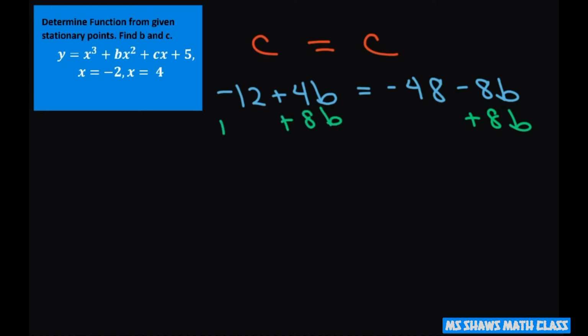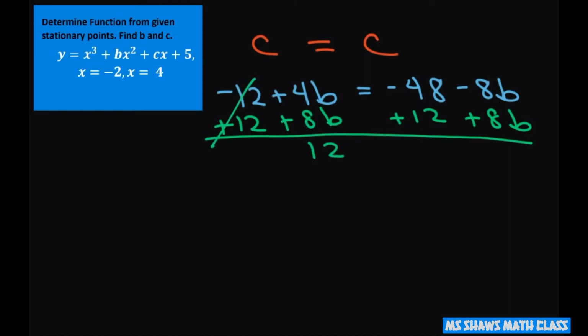And I'm going to add 12 to both sides of the equation. All right, and that's going to give you 12b, these two cancel, equals -36. So if you divide both sides by 12, you get b equals -3.